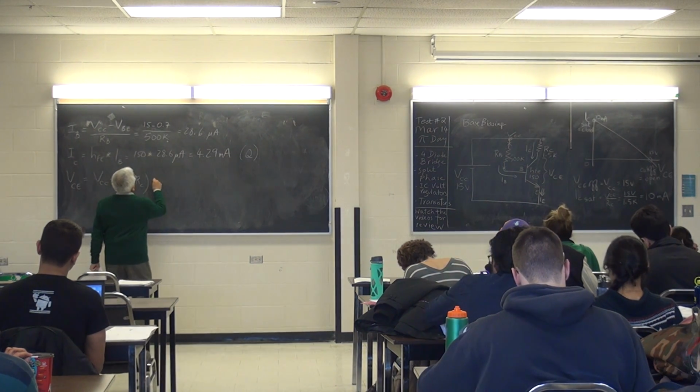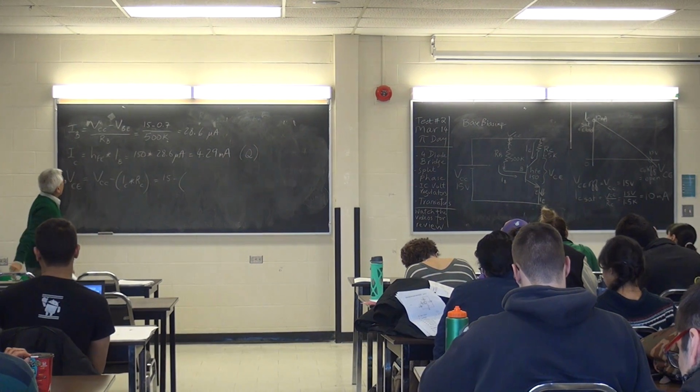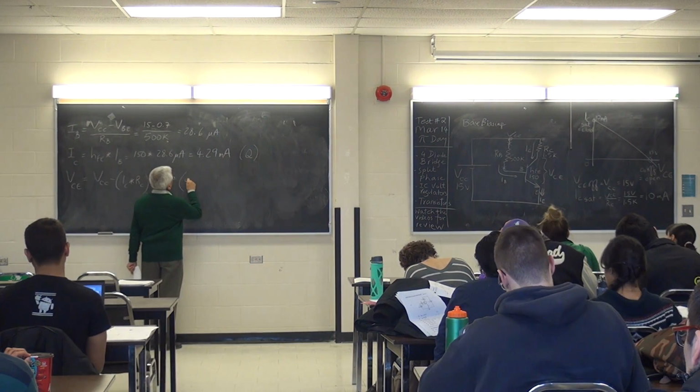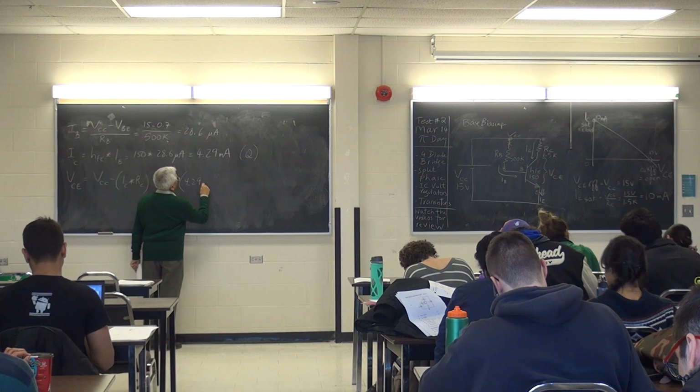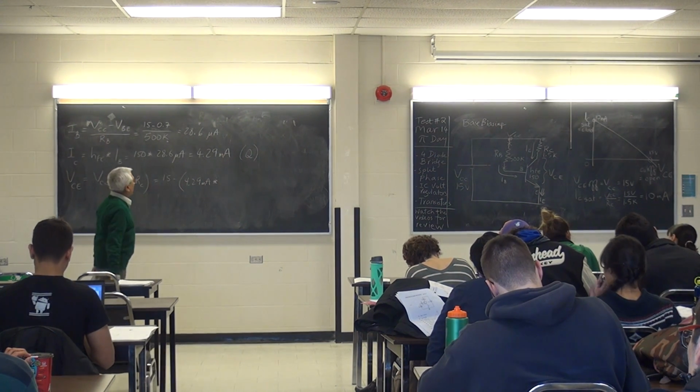So that's 15 minus IC, which is 4.29. RC is how much? 1.5K.